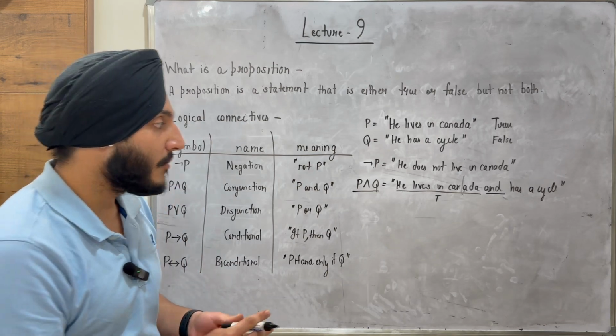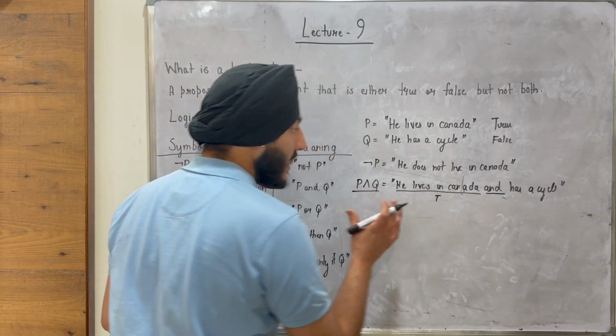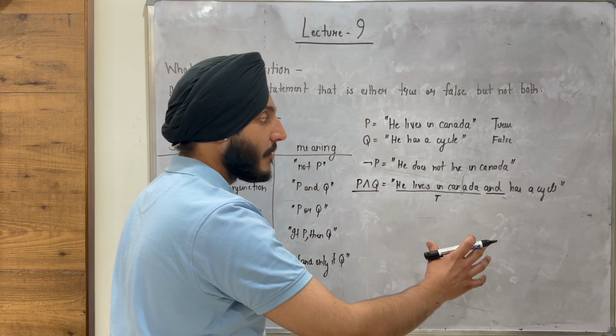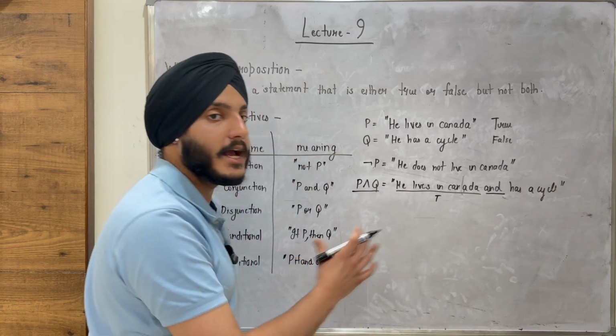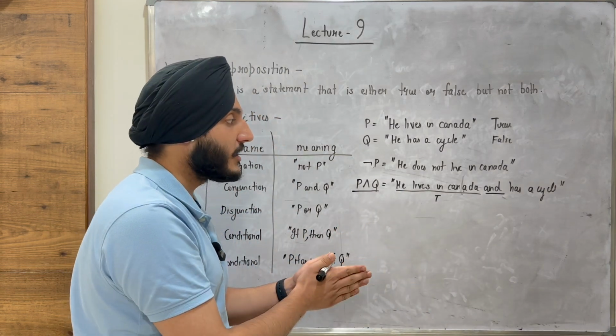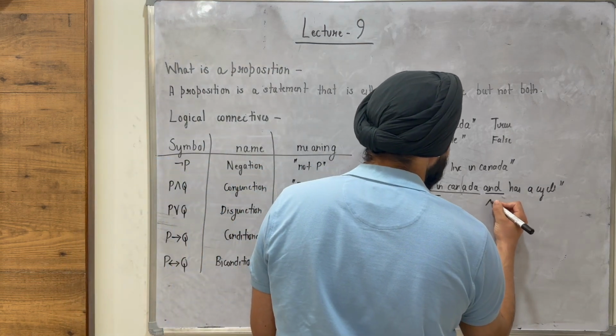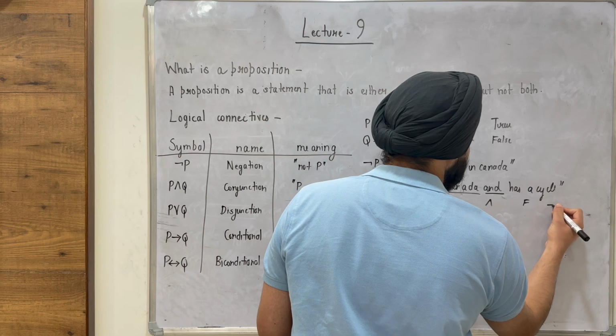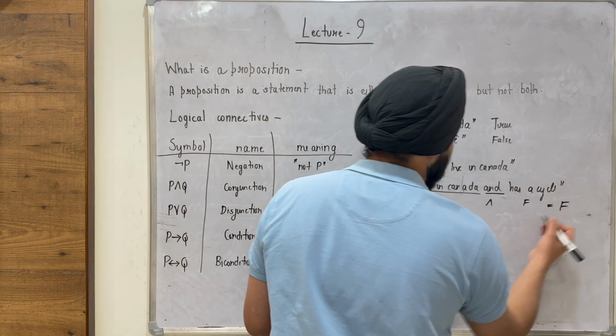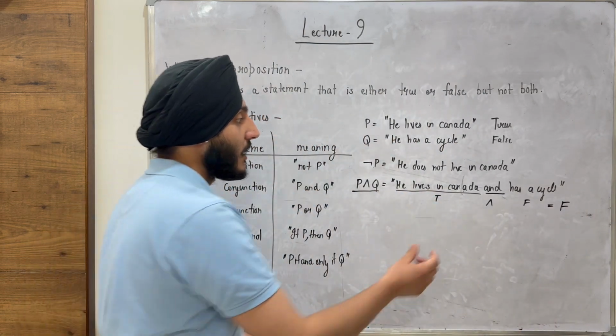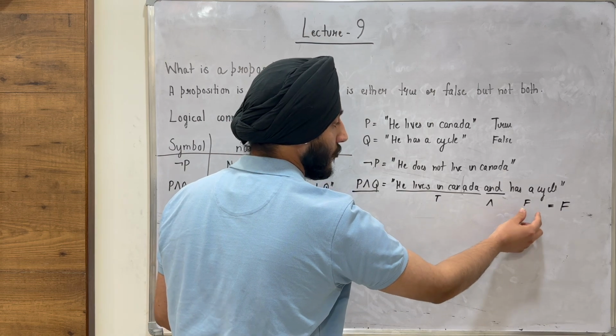What I mean is, in a conjunction, all the propositions that I connect need to be true in order for the entire condition to be true. In this case, since this is true and false, this is actually going to be false, right? Because there's one condition which is not true.